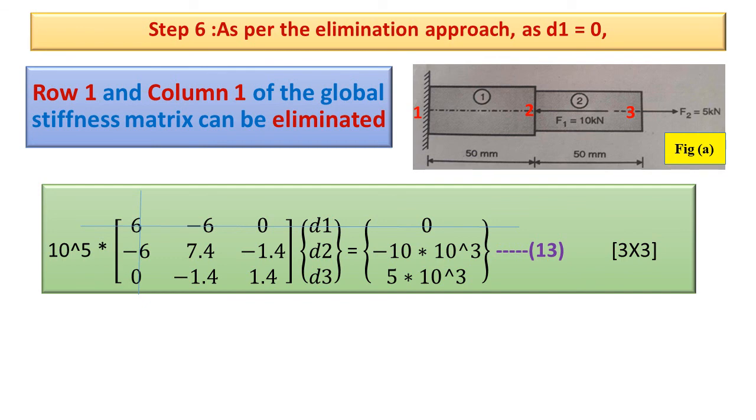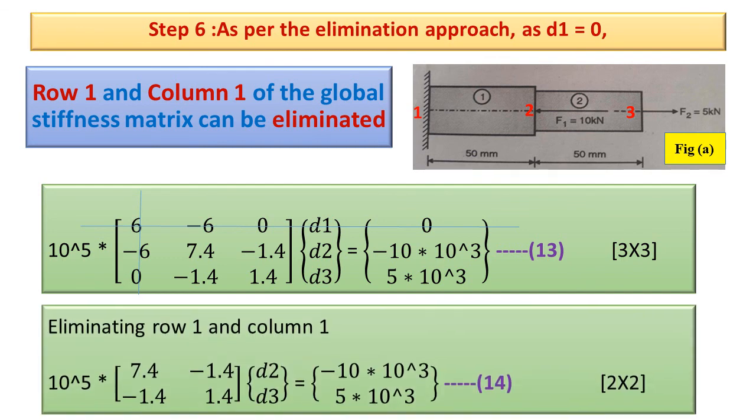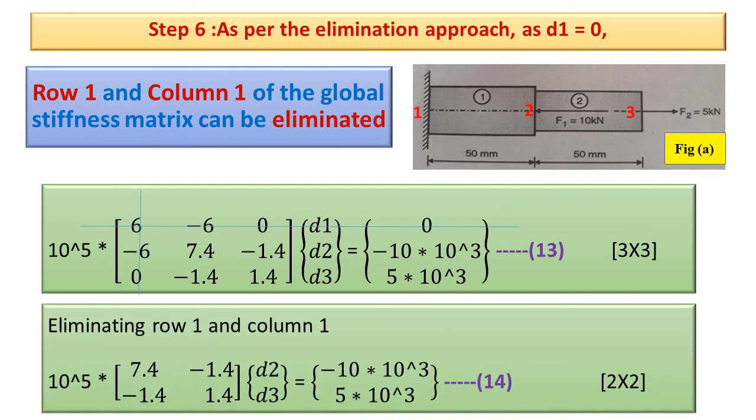For this numerical it is at node 1. So eliminating the first row and first column, this 3 by 3 matrix will be converted into 2 by 2. So equation number 14 is our equilibrium equation after applying the elimination approach. We can observe these 4 elements are carried, 10 raised to 5 carried, D2, D3 and these 2 elements.